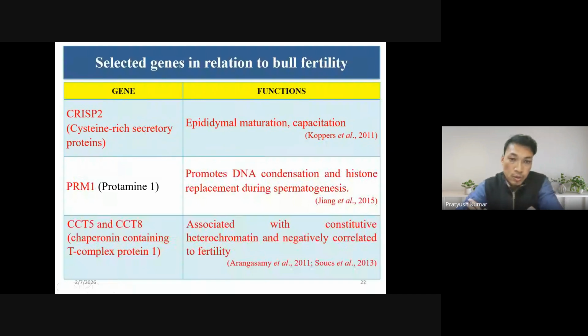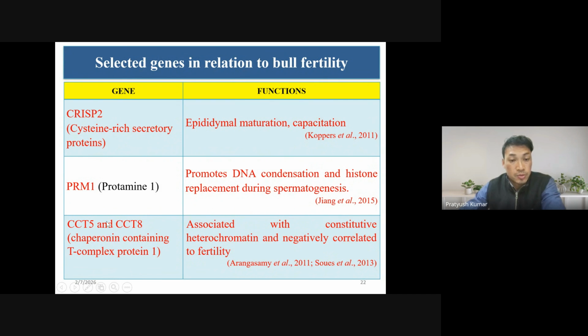I told you that I have studied some genes, basically these 4 genes: CRISP2, cysteine-rich secretory protein, protamine, CCT5 and CCT8. The CRISP2 gene mainly helps in sperm capacitation and epididymal maturation. So these are responsible for good semen, good sperm.